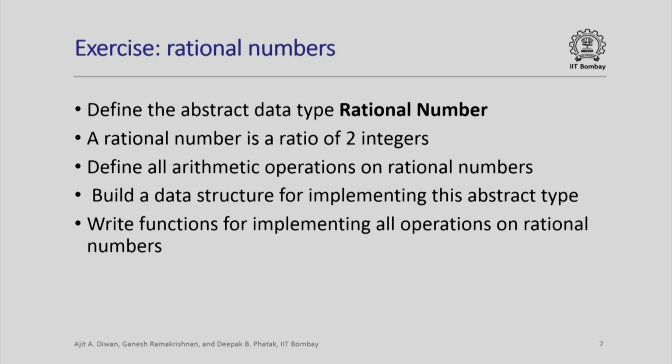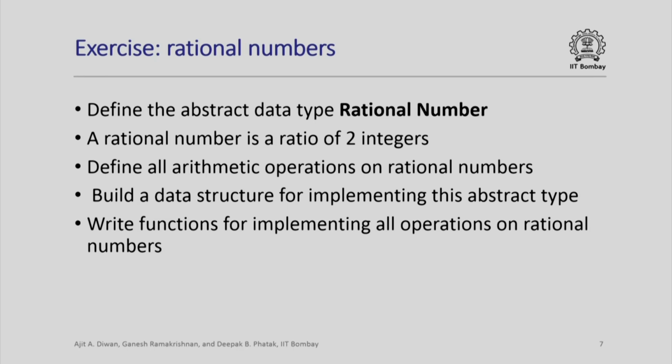You think of rational numbers as an abstract data type with these possible values: the value of a rational number is a ratio of two integers. What are the operations? All possible arithmetic operations, comparisons, and so on. Whatever you do with integers, you can also do with rational numbers. So, you want to define these arithmetic operations for rational numbers also.